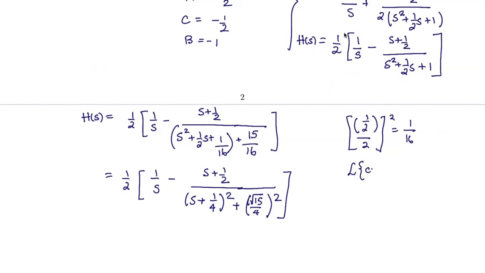One is that if I were to take the Laplace transform of the cosine of at, this is going to be s all over s squared plus a squared. And if I take the Laplace transform of the sine of at, this is going to equal a all over s squared plus a squared. So having this denominator term right here written in helps me to determine how I am going to modify my numerators in each of the cases.